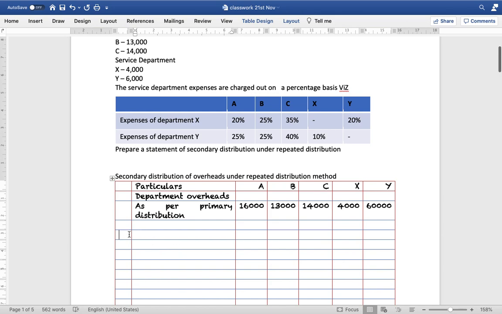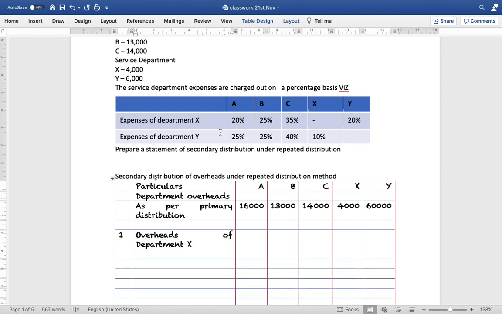Now let's start with department X overheads. Department X overheads will be given in the ratio of 20 is to 25 is to 35 is to 20.